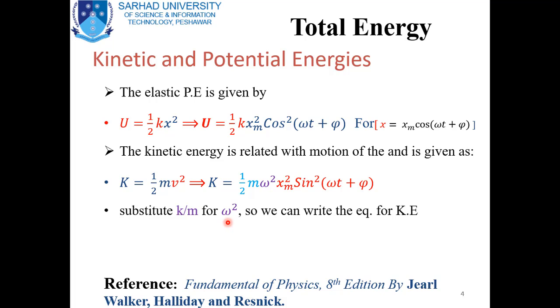For omega square we will write k by m. So the kinetic energy expression will be half k xm square sin square(omega t plus phi). This is the kinetic energy for a mass attached spring system, and tells us that the kinetic energy also depends upon position and time.